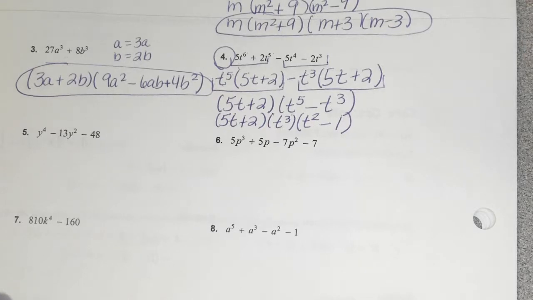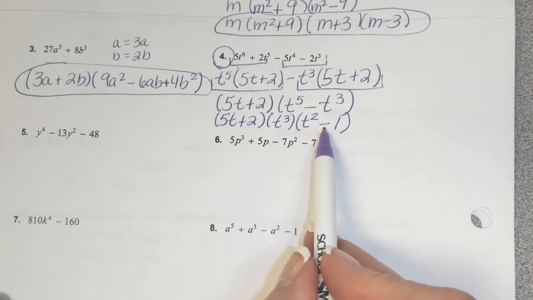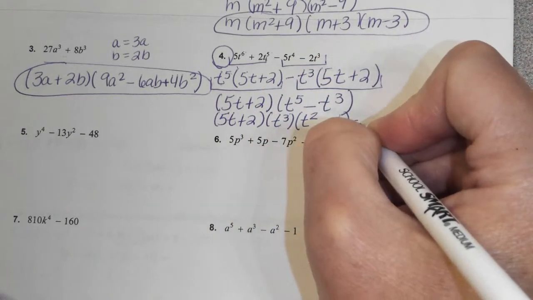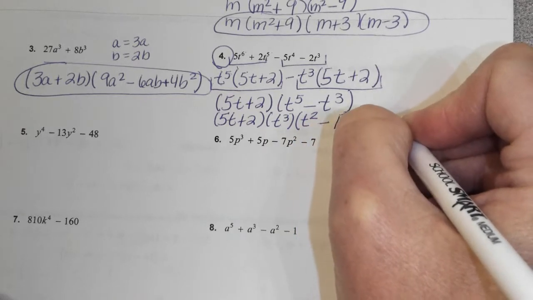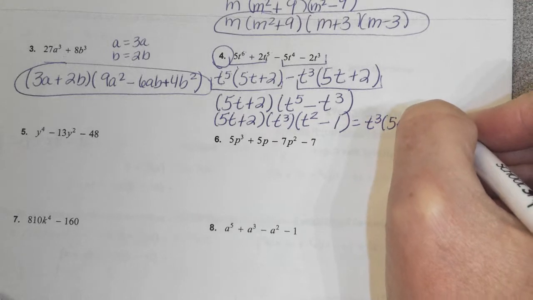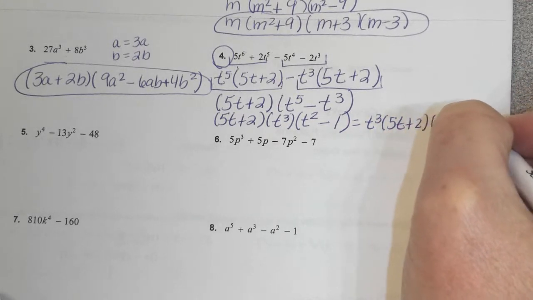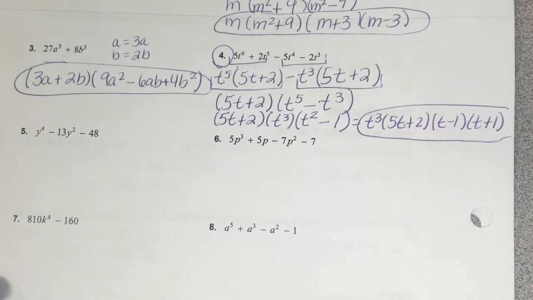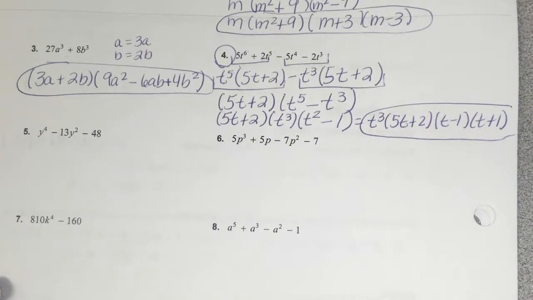I'm getting closer. What about this though? Can this be factored down further? Yeah, it can. So now I'm going to have my final answer. T cubed times 5t plus 2 times t minus 1 times t plus 1. And that's going to be my final completely factored form.